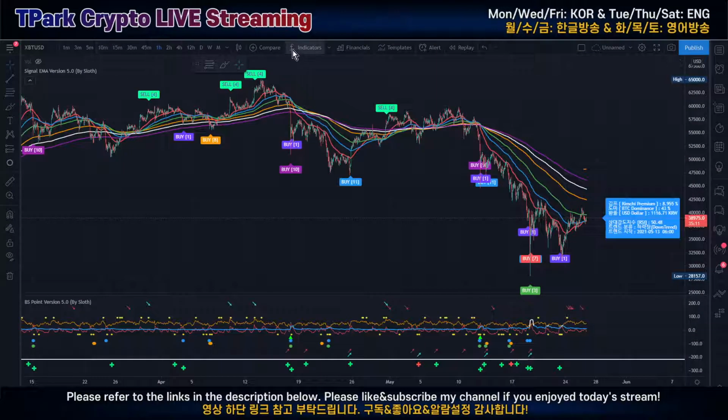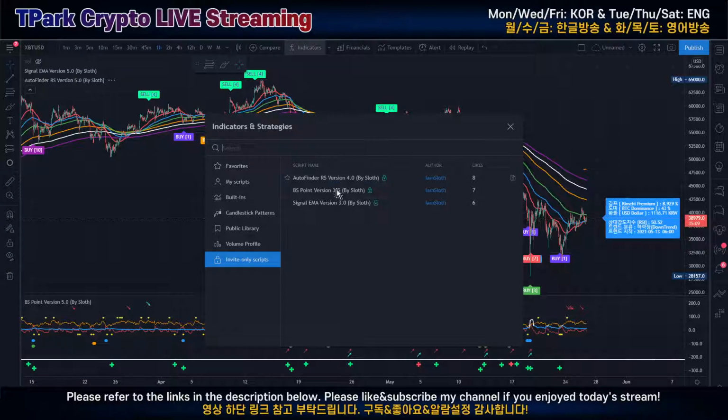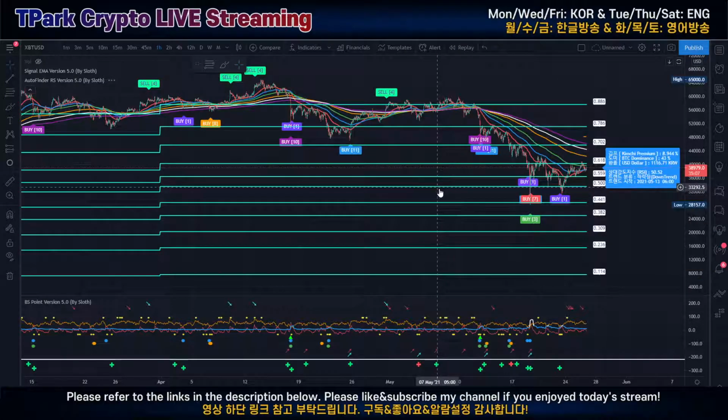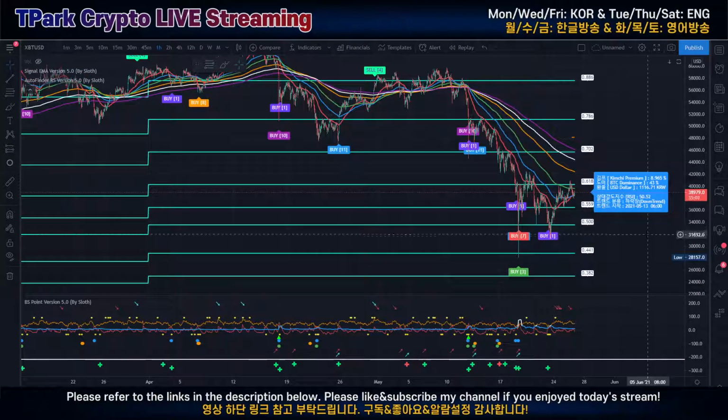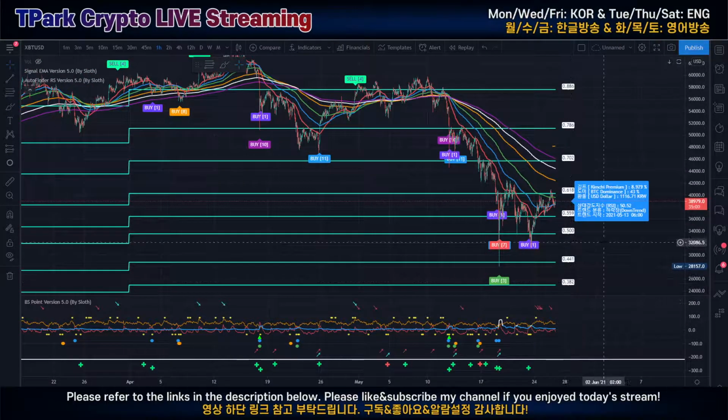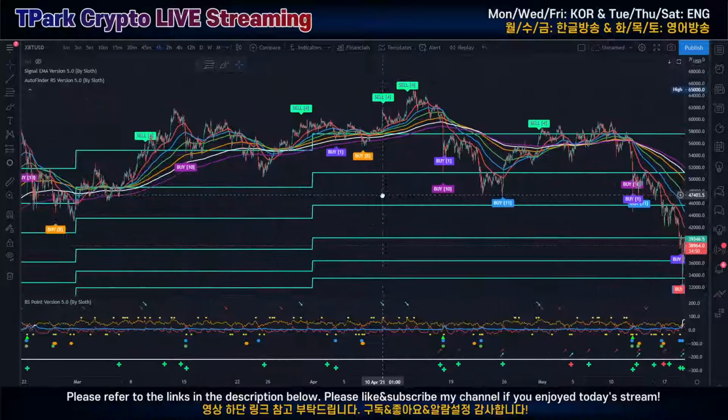Okay, and I need to let you guys know what this one is. AutoFinder. AutoFinder is an indicator also given to you if you purchase the other two indicators. So we give you three indicators in total. This is the support and resisting zone that the whales actually use since 10K USD, right?